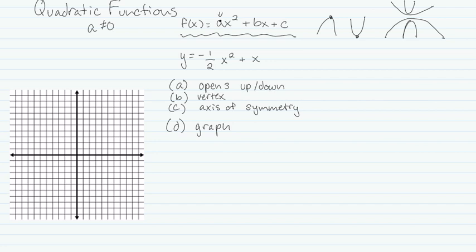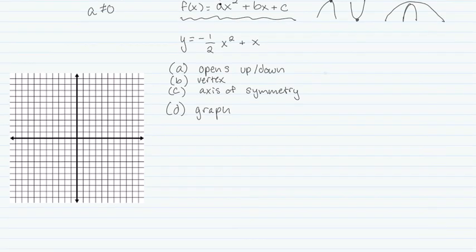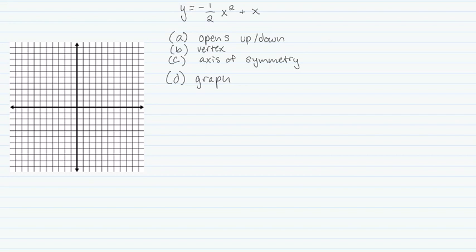The a's, the b's, the c's could be any number. So b could be 0, c could be 0, b could be 1, c could be 1. They could be -17 or -17/3. The only restriction is that a cannot be 0. So you do have to see an x squared.